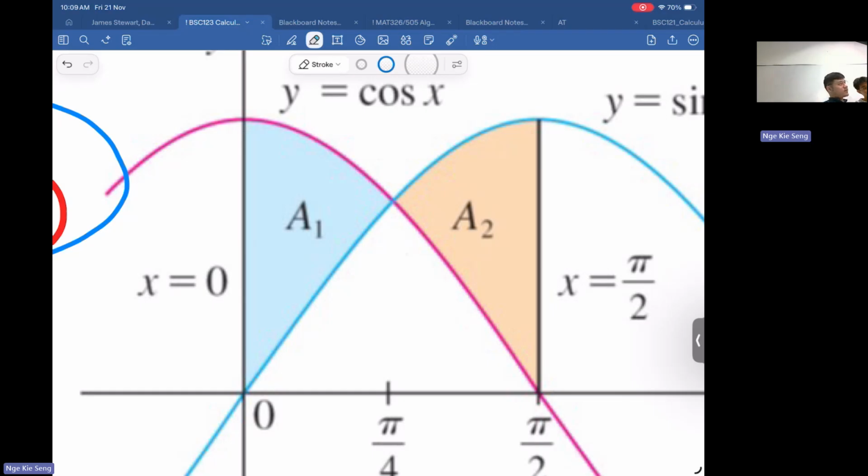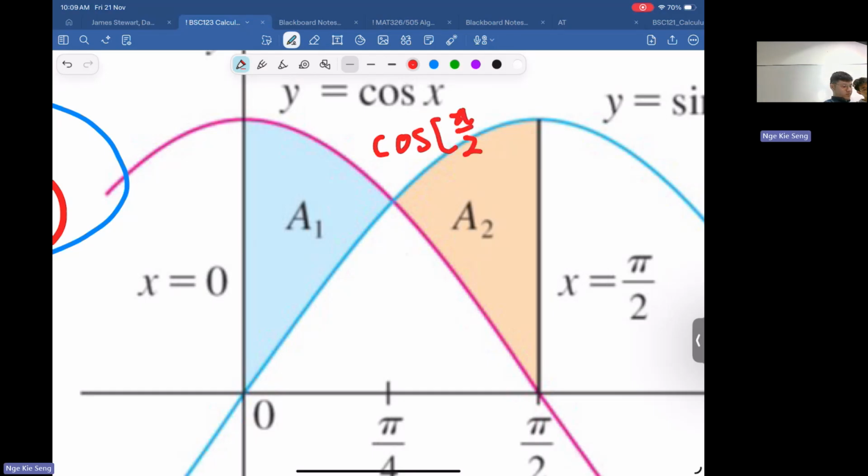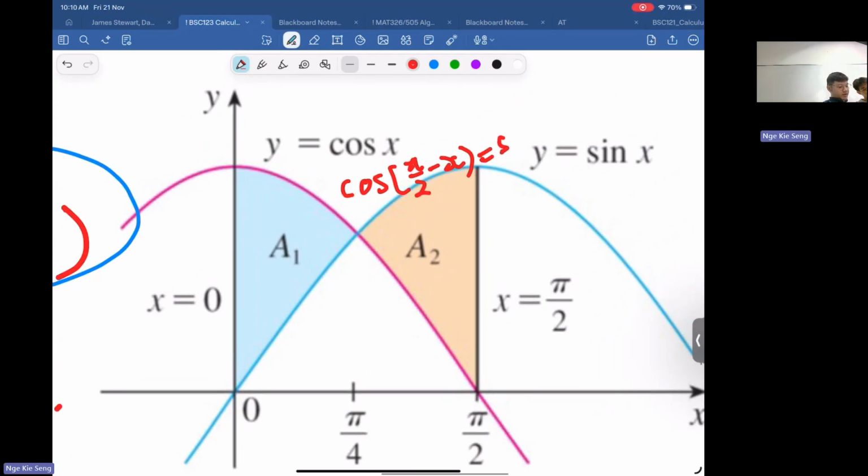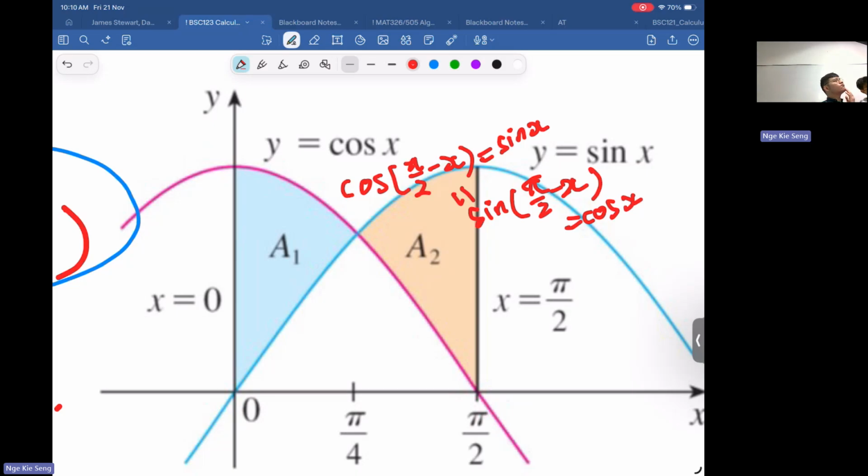Maybe we can prove that cosine of pi over 2 minus x is equal to sine x, and sine of pi over 2 minus x is equal to cosine x. So it's the same in this region here and then this region here.